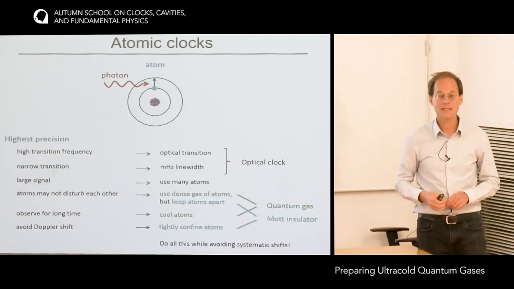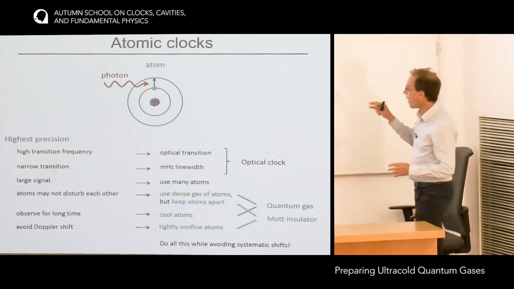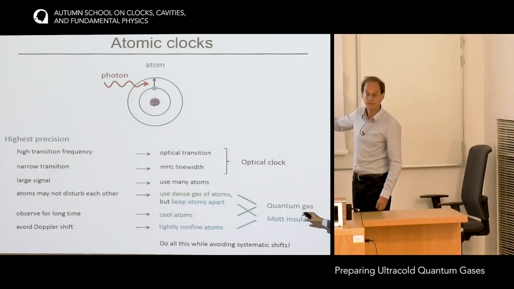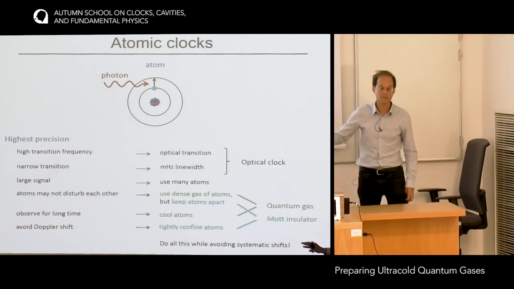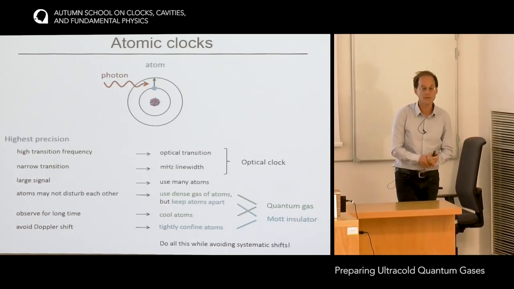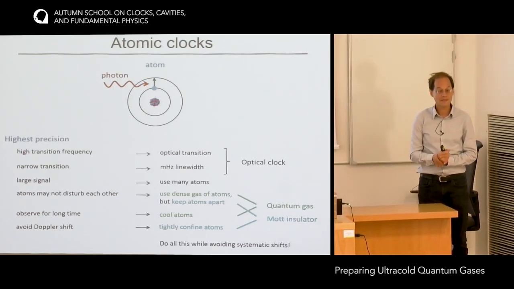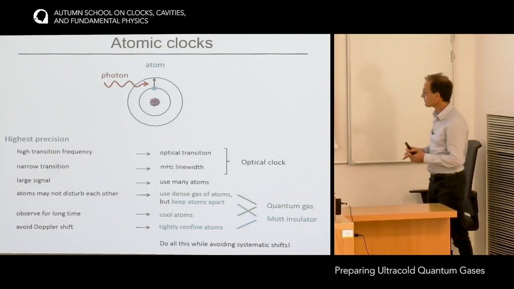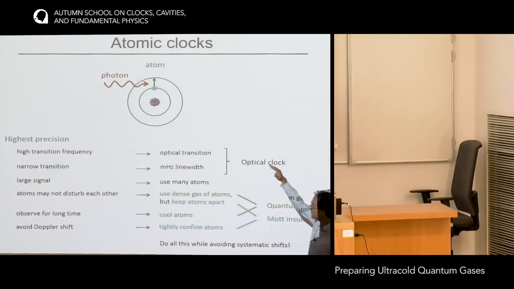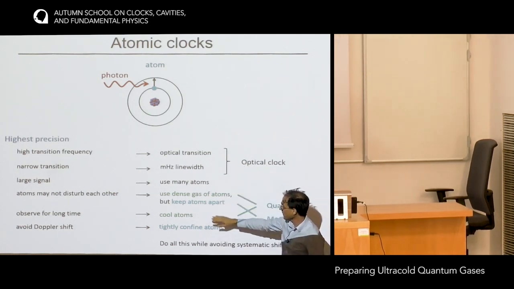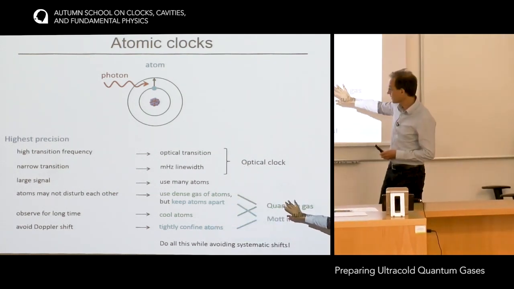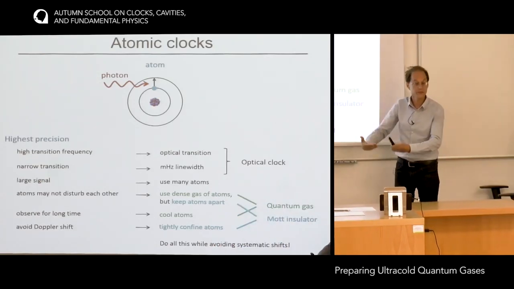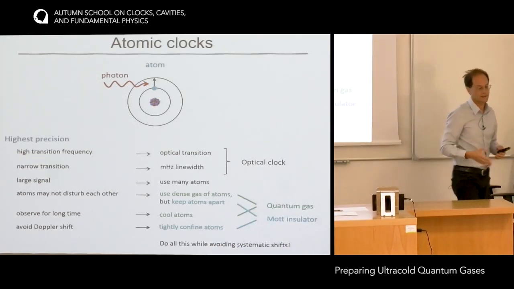So the goal of my lecture will be to show you how to prepare a Mott insulator and use it for clocks. I'm not going to talk much about clocks, but just how to build this nice sample of atoms for clock spectroscopy. By the way, it's very important that when we manipulate our atoms and create this Mott insulator, we do all of this without introducing new systematic effects, light shifts or so.